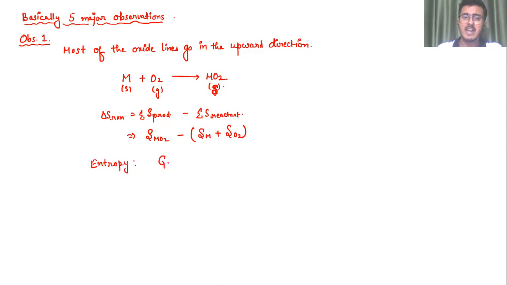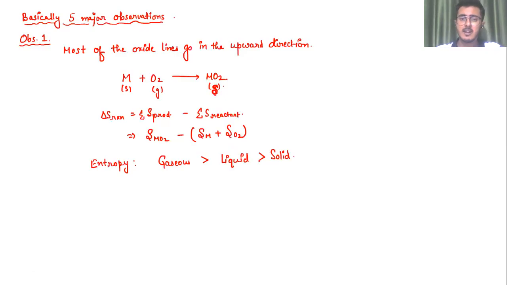Basically, your gaseous phase is very much higher compared to your liquid and your solid. And the entropies of the gaseous phase are so much higher than the entropy of the solid phase that you can actually ignore those values.